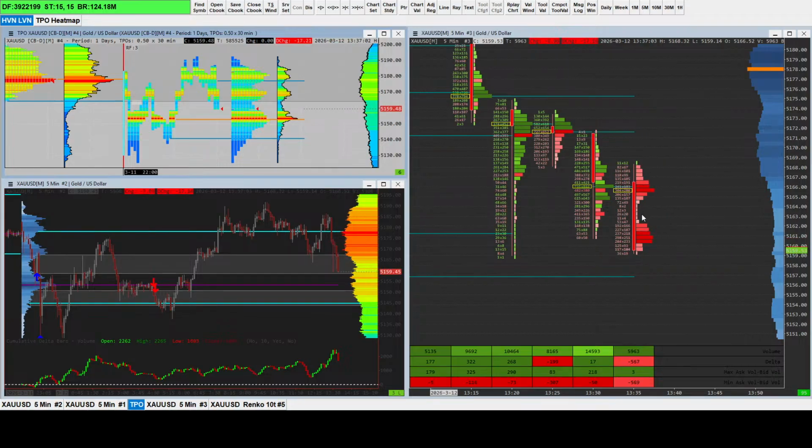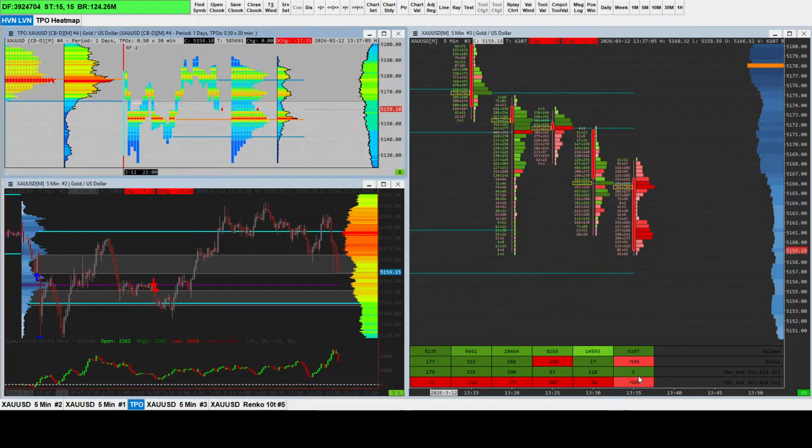Oh, this is good. So many sales coming in. Look at that. Distribution, distribution. Let's see what happens here. I'll definitely make a decision right now after this candle.